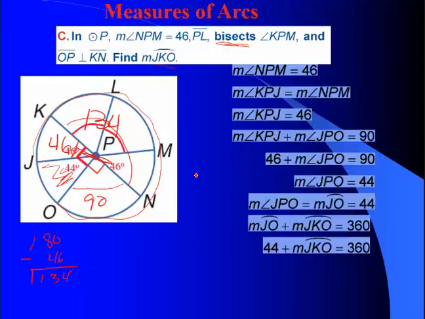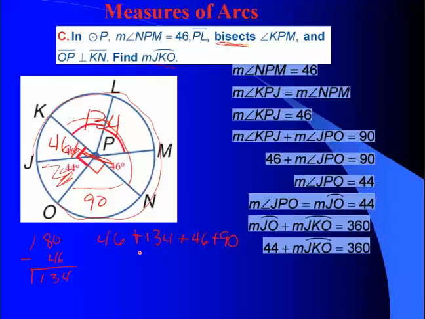Okay, this is not the way I just did it, but we'll just go with the way I did it. So if I add all these together, I get 46 plus 134 plus 46 plus 90. Well, you can use your calculator.